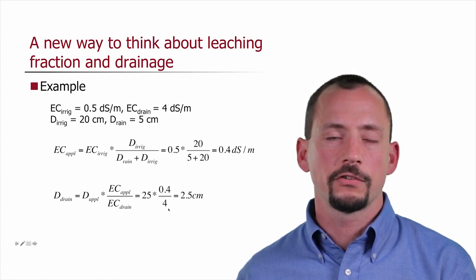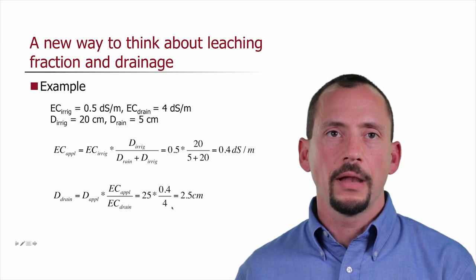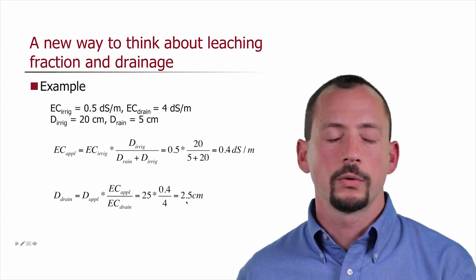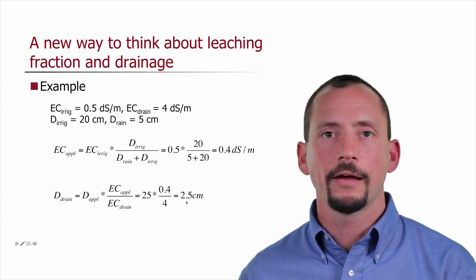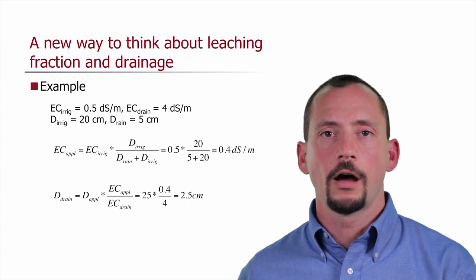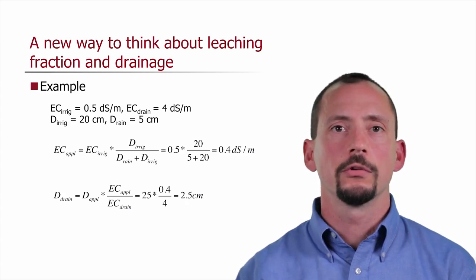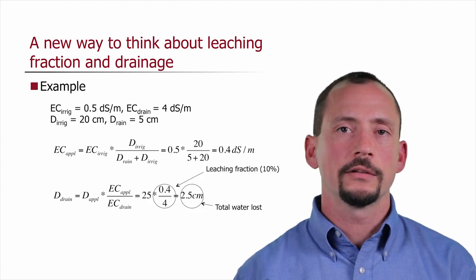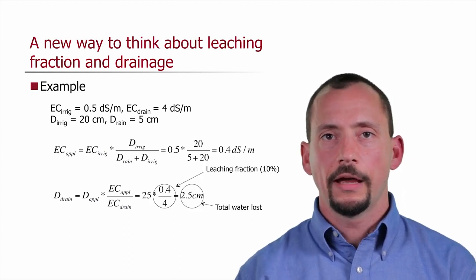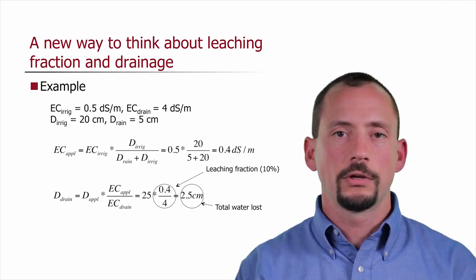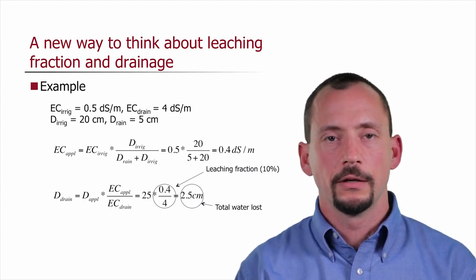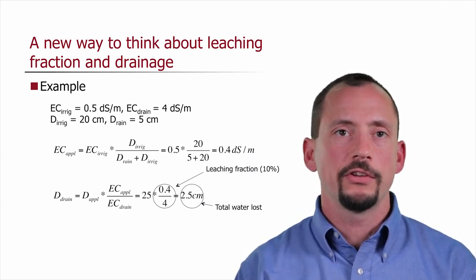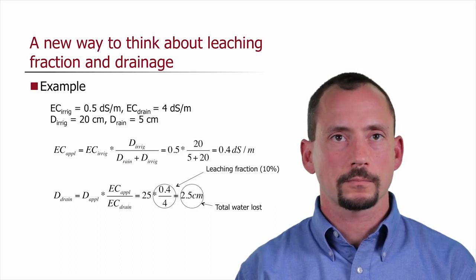So what this tells us is that we have applied 25 centimeters of water, and 2.5 centimeters of that water has been lost through the bottom of the root zone. So our leaching fraction is 10%, and the total depth of drainage water is 2.5 centimeters. So you can see that these are extremely simple calculations that have some relatively low-cost inputs that go into them.